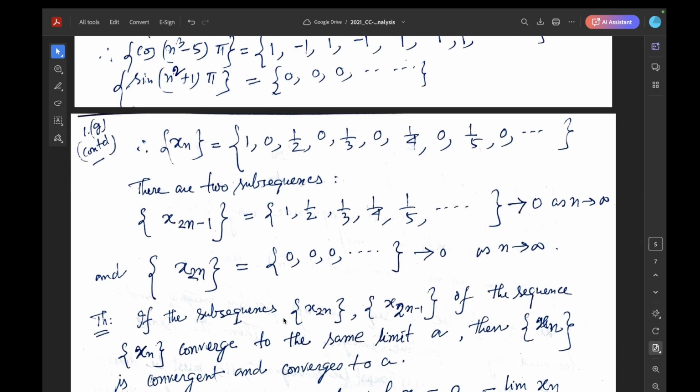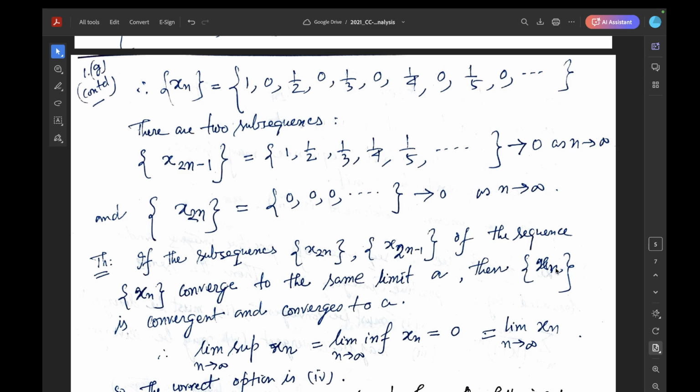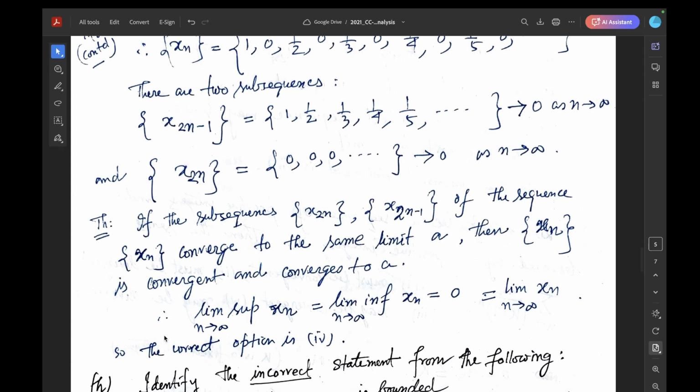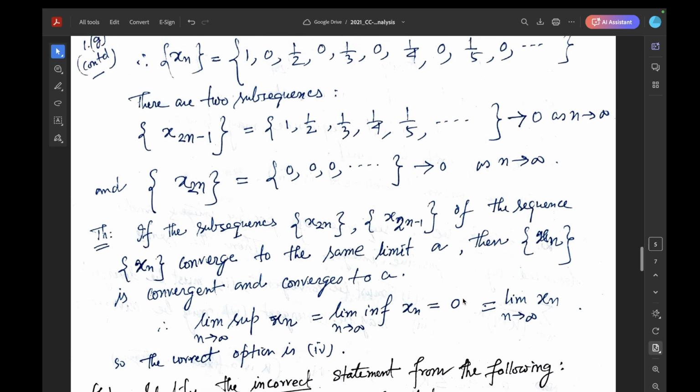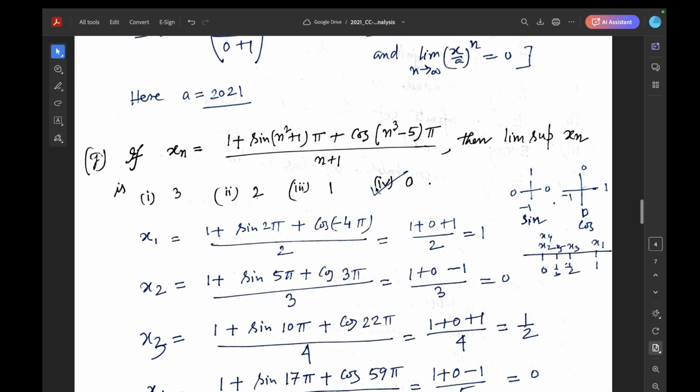If the subsequences x_(2n) and x_(2n-1) of the sequence x_n converge to the same limit a, then the sequence x_n is convergent and converges to a. So the limit supremum of x_n equals 0, equal to the limit infimum of x_n equals 0. Actually, this sequence x_n converges to 0. So the correct answer is limit supremum of x_n equal to 0.